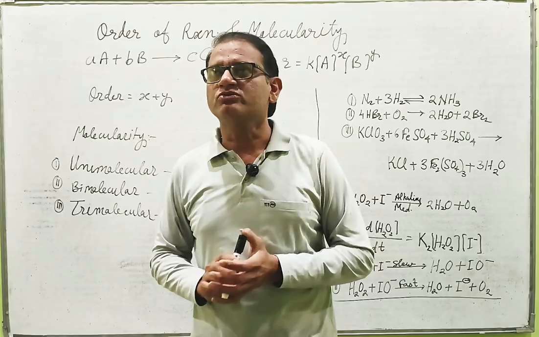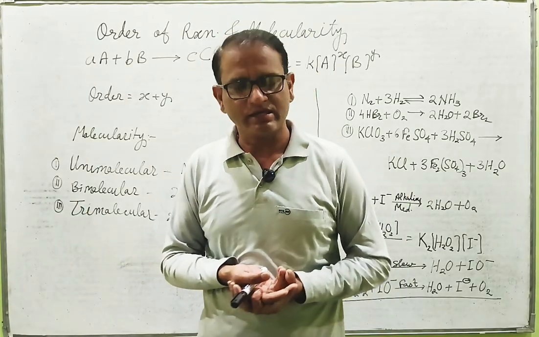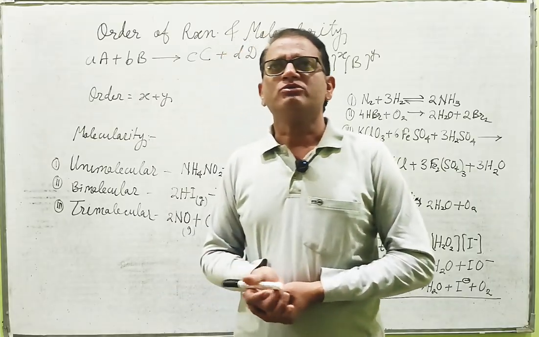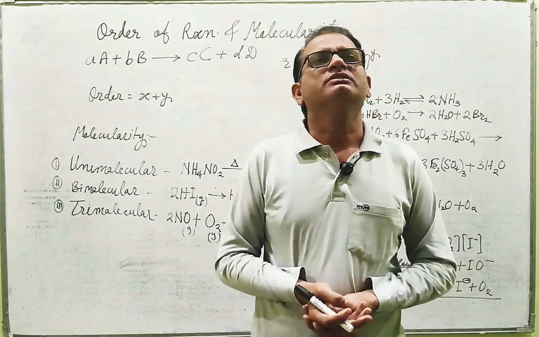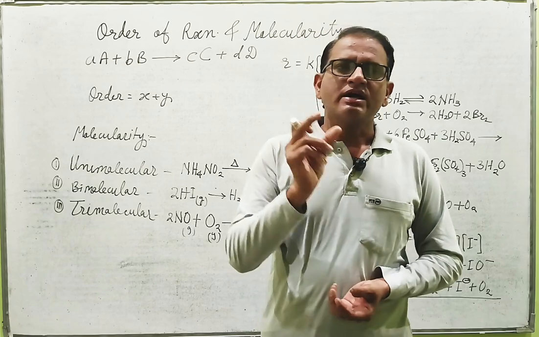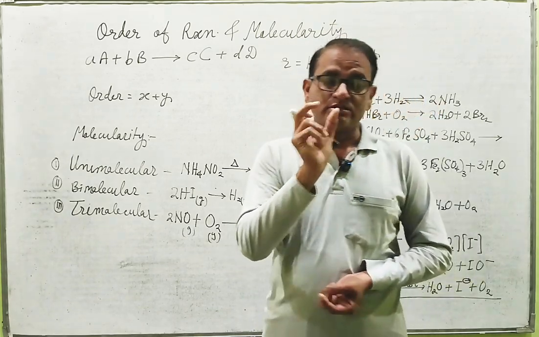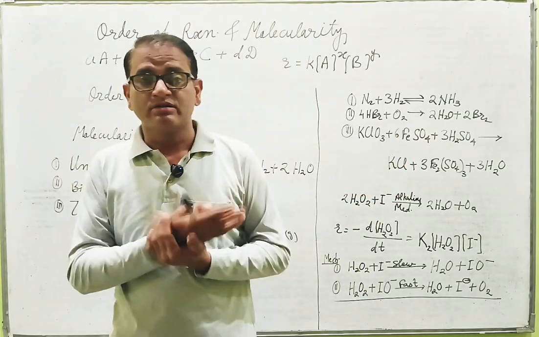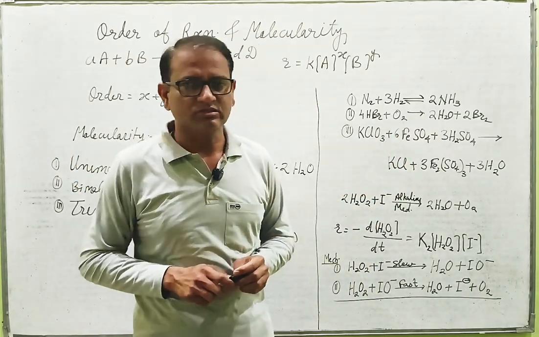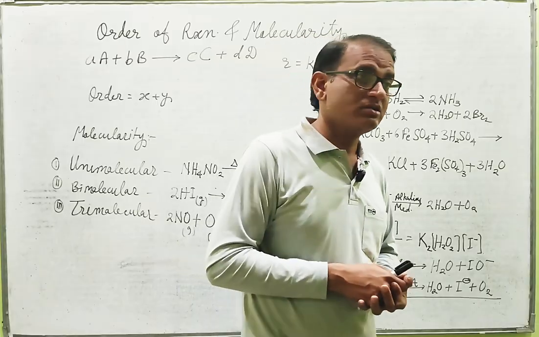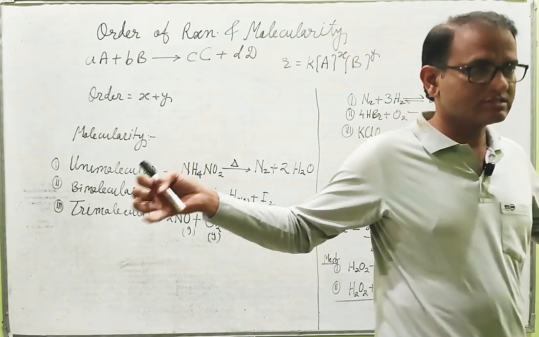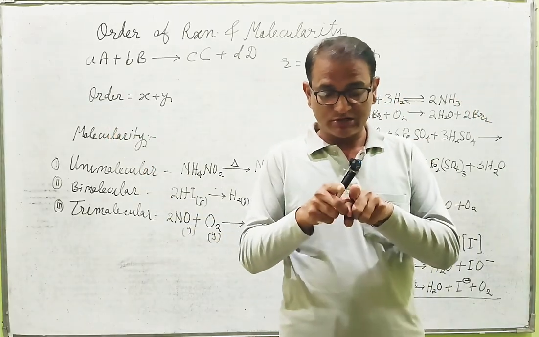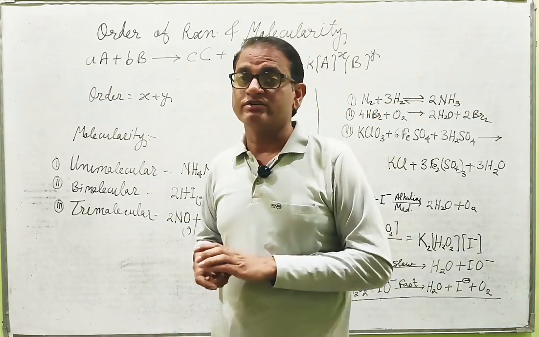So, if the molecules are striking each other, the maximum number of molecules which may strike at a moment, or simultaneously, may be 2, 3 or not more than that, because more than 3 molecules striking at the same moment or simultaneously is very rare.